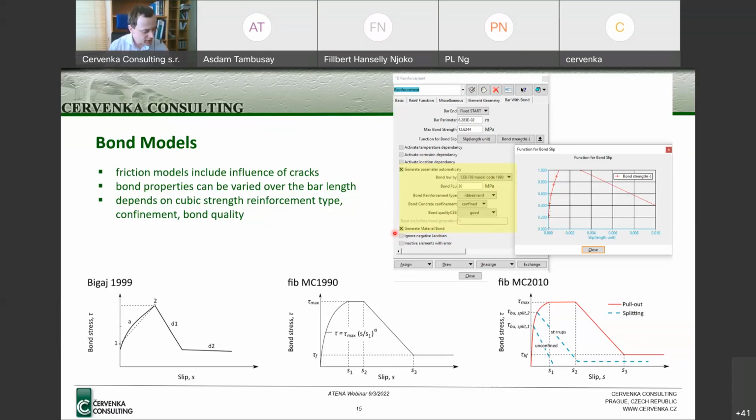For these cases, if you focus on this kind of detail, I would suggest to model the reinforcement as 3D with 3D solid elements. And between the concrete and the reinforcement, use some interface element to model the bond.